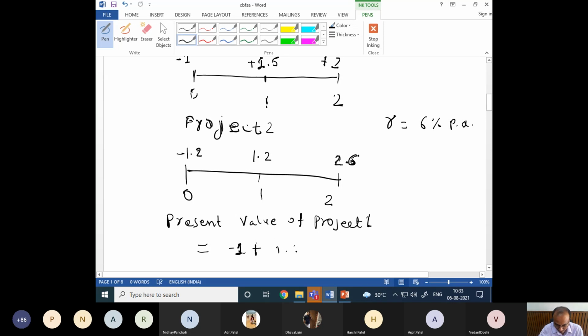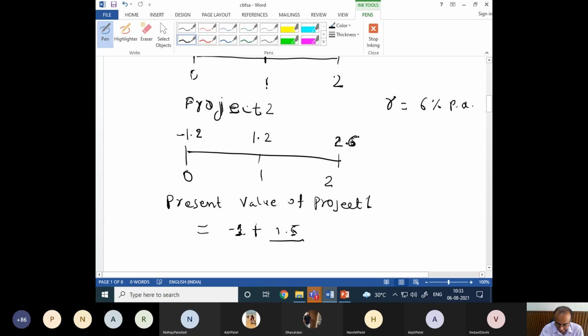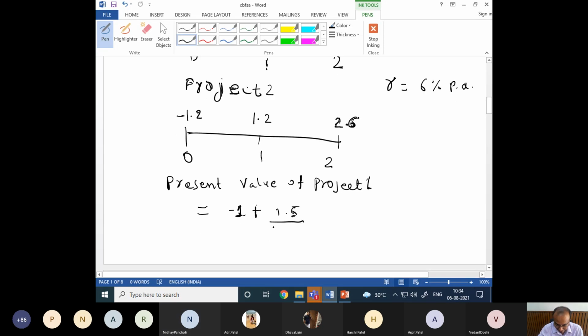So its present value is 1.5 divided by 1 plus R, where R is the interest rate for the period. For a year it is specified as 6%. If it is not specified, we have to convert it for a period. So the discount factor is 1 divided by 1 plus R because it is for 1 year only.